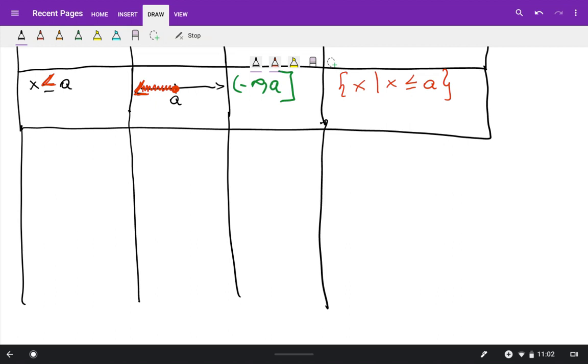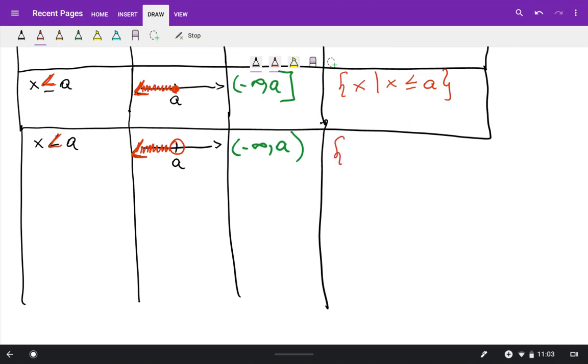Next one is x less than a. The way to graph it, you're putting a on the number line. We're not including a, so keep it an open circle, less than, so the inequality matches the direction of the number line, so shade everything to the left. Interval notation will be from negative infinity to a. Since you're not including a, keep parenthesis, and set builder notation.